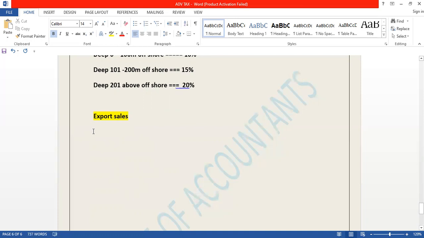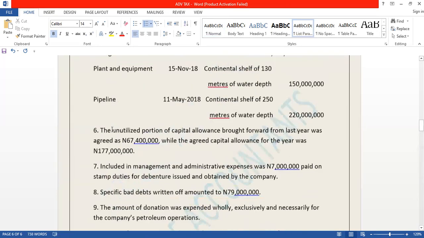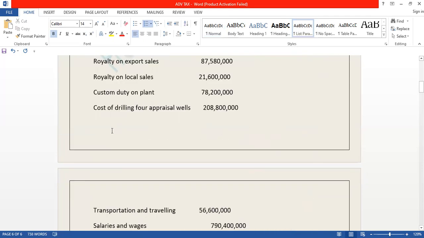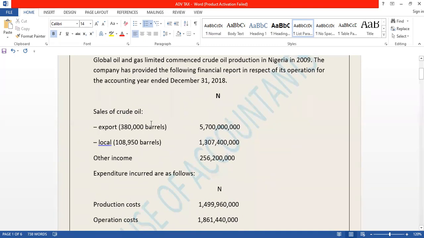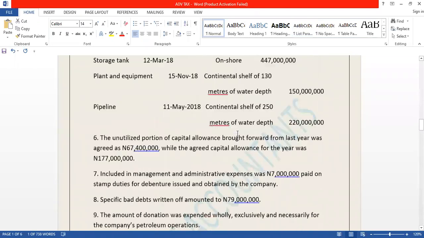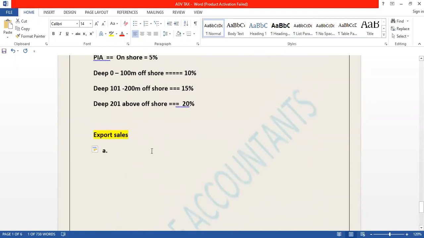So the first aspect of this revenue was given in the question to be a particular figure. Let's check our export sales. So I mentioned that when we started. So this is the export, and this is the figure given to us. Let's pick that figure and put it here.